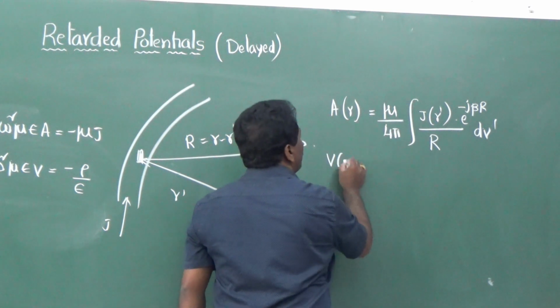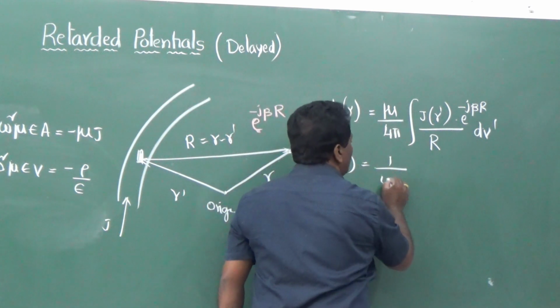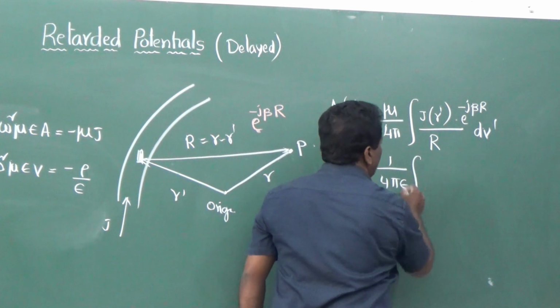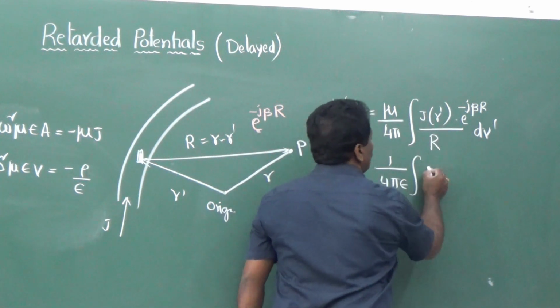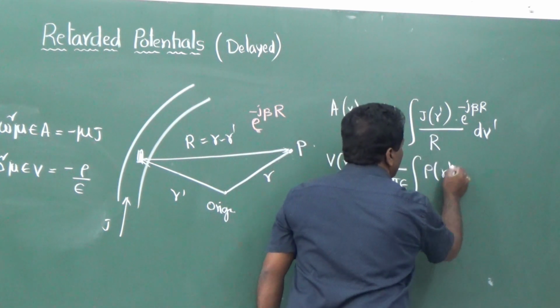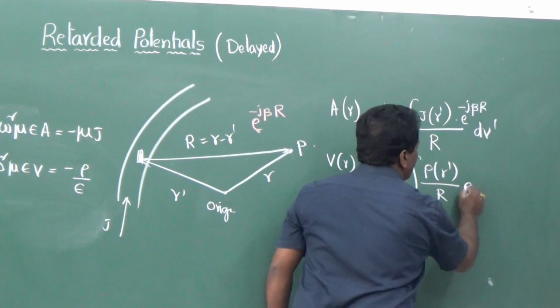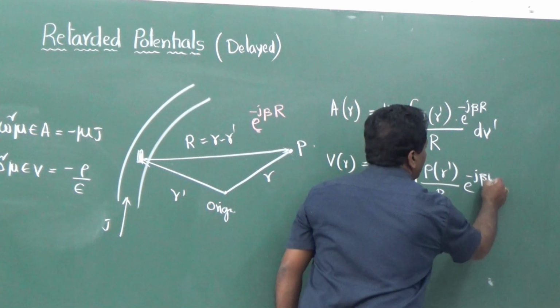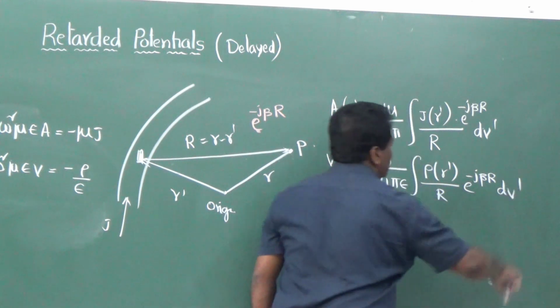Similarly, V of R is equal to 1 by 4 pi epsilon integral, rho of r dash divided by R into e to the power of minus j beta R into dV dash.